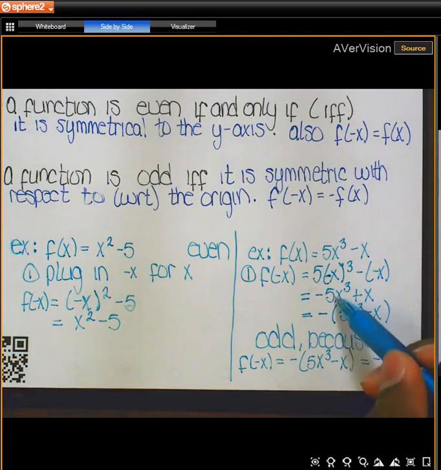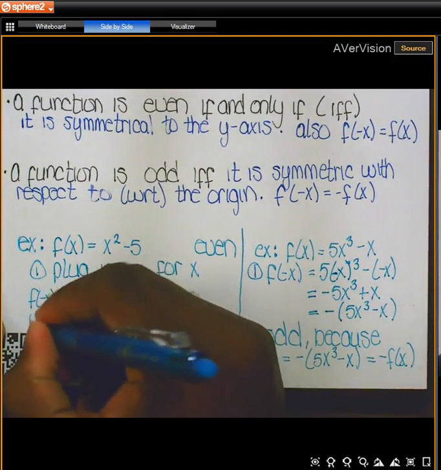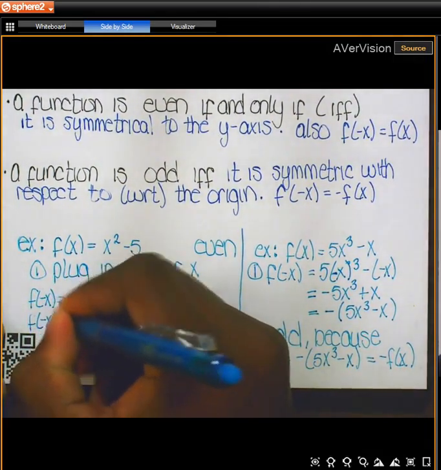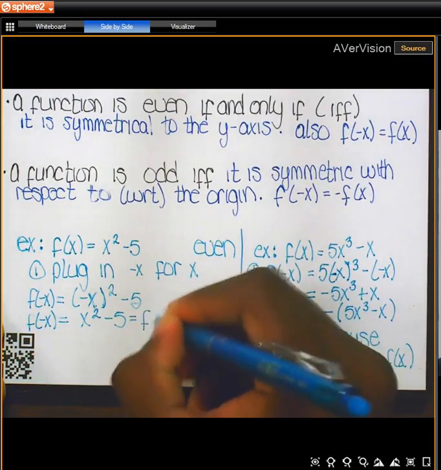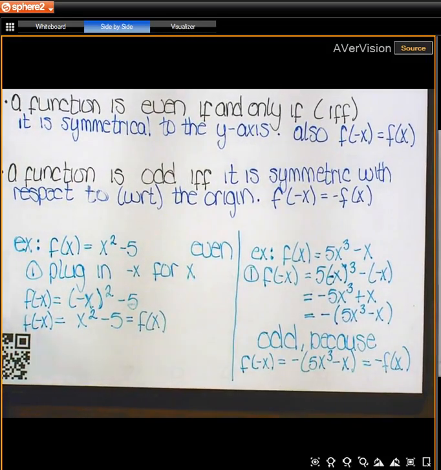So instead of writing a negative in front of the x, I just moved it to the front because it's being multiplied. Any questions on this?